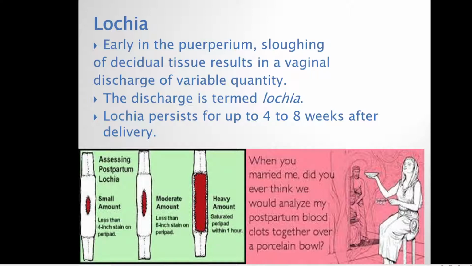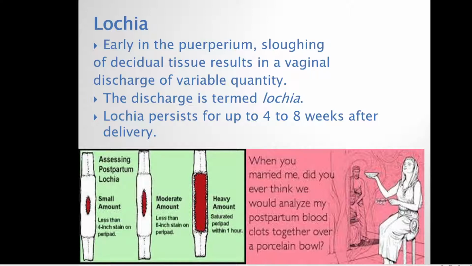Lochia. What is lochia? It's discharge after labor. Early in the puerperium, sloughing of decidual tissue results in a vaginal discharge of variable quantity. Lochia persists for up to 4 to 8 weeks after delivery.